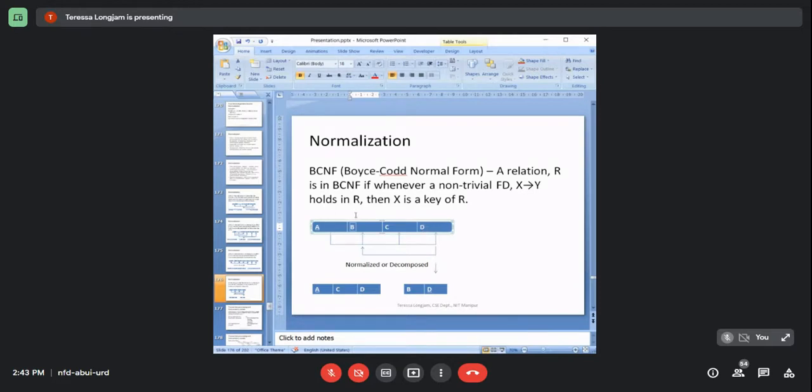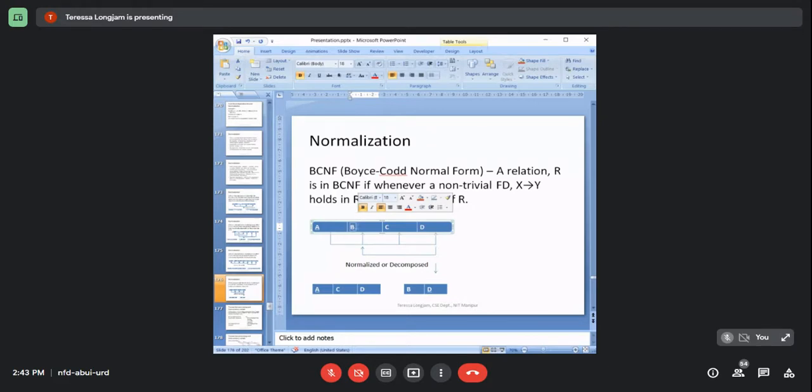So this is the attribute not maintaining the property of BCNF, and because of this we are having the problem. That is why we will remove this B.